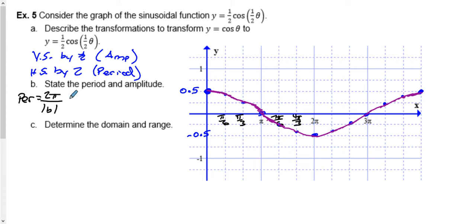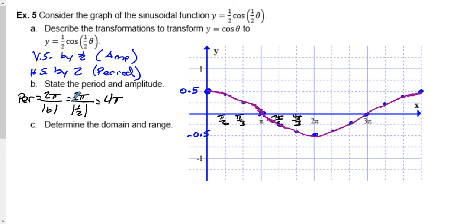We're going to type in 2 pi divided by, and our b value was not this 2, this is already pulled out of our equation. Our b value has to be this number right here in our equation. So our b value is 1/2. And if you simplify, this is 2 pi divided by 1/2, which is now 4 pi.